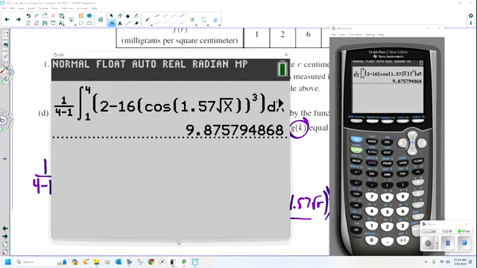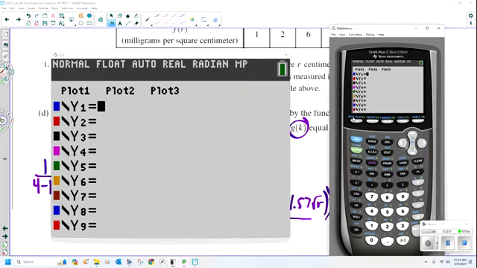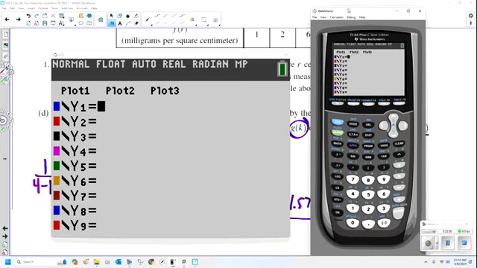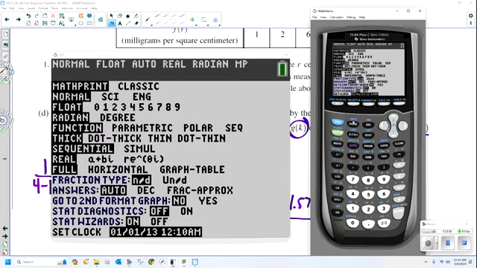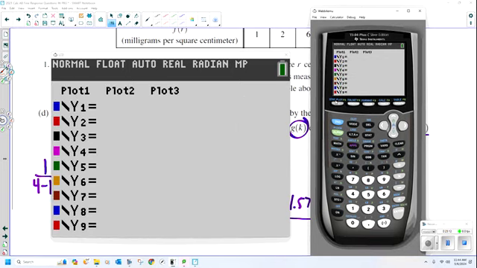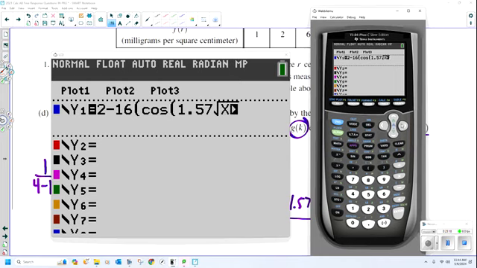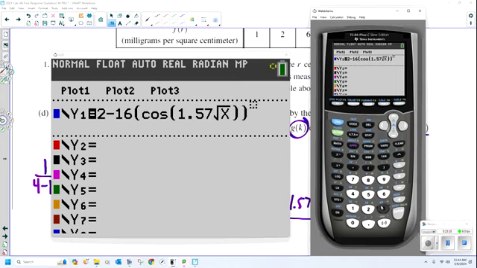Here we go. So I'm going to go to y equals. First of all, if you got a different number than I did for the first part, you better make sure your mode is in radian. Anytime we deal with trigonometry and calculus, radian. So I've got 2 minus 16, parenthesis, cosine, 1.57 times the square root of x, close it, cube it. Fantastic.